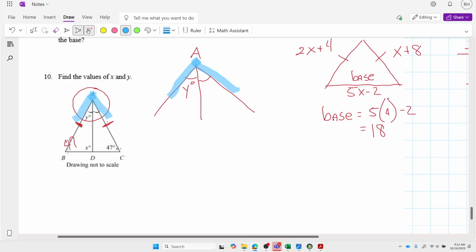And you know two of the other angles. So I'm going to call this whole angle, angle A. Angle A is equal to 180 minus 47 minus 47. Which is 86 degrees.